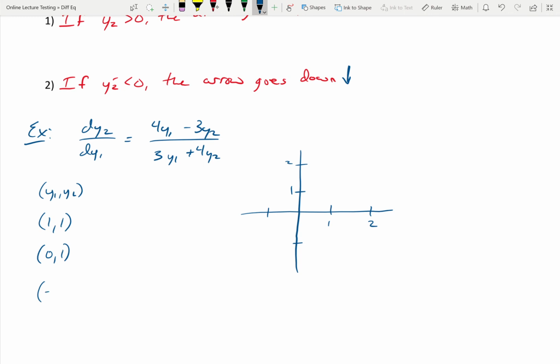We'll deal with negative 1, negative 2. All right.